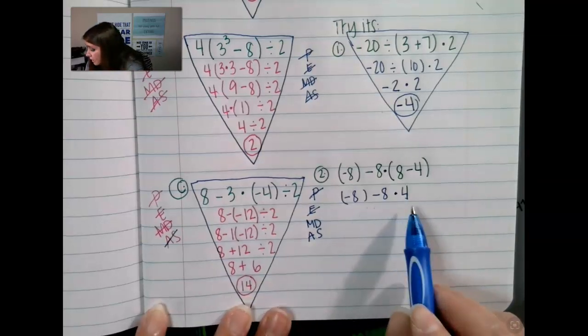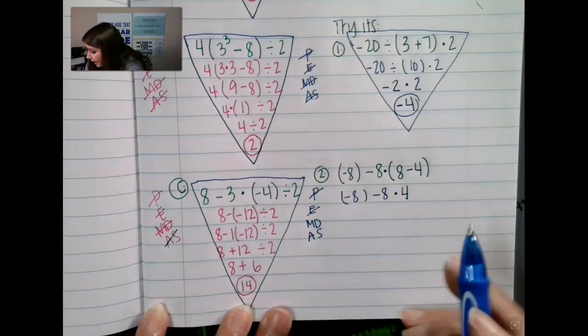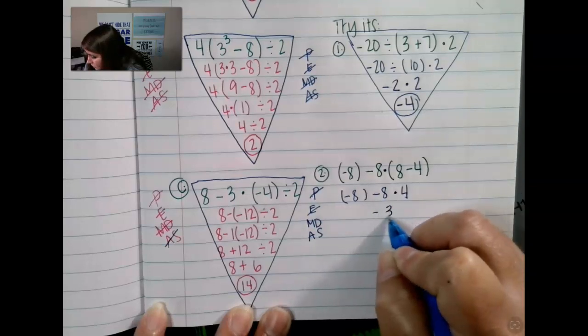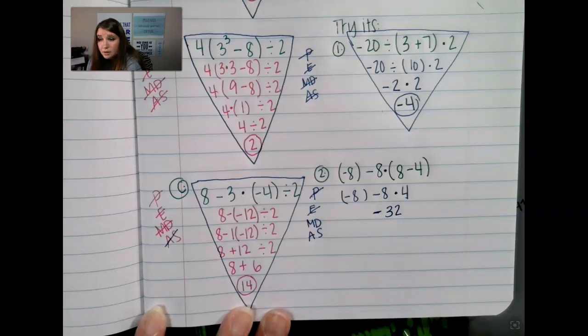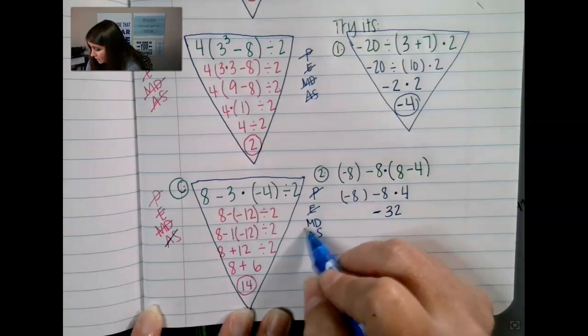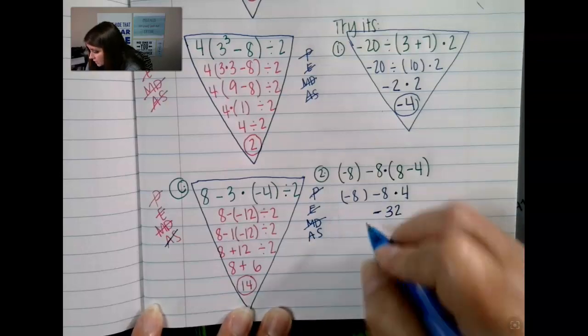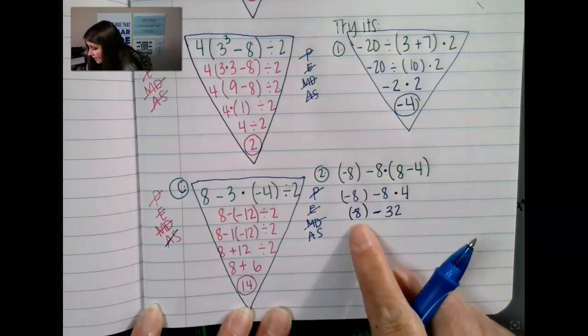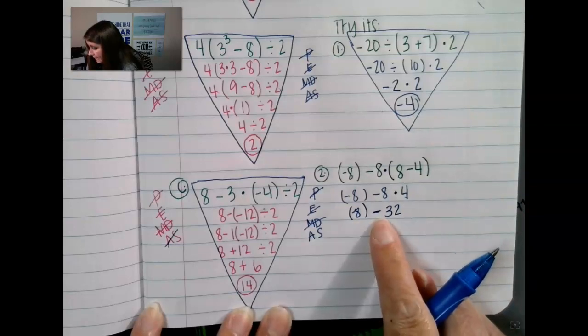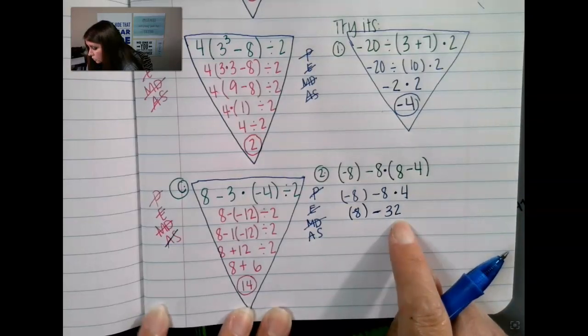If I had 4 groups of -8, I know that that is 32, or -32. Am I done with multiplication and division? I sure am. So now I just need to bring down this -8, and -8 minus 32.